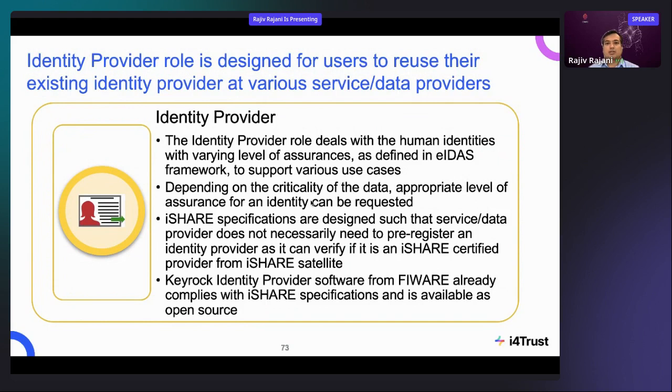Identity provider, as I explained, is defined in iShare and in iForTrust as well, and is used for identifying human entities. This is all based on the eIDAS framework, so the identity provider is onboarded with the eIDAS framework. It uses OpenID Connect flows, a modified version of it based on the iShare specification.